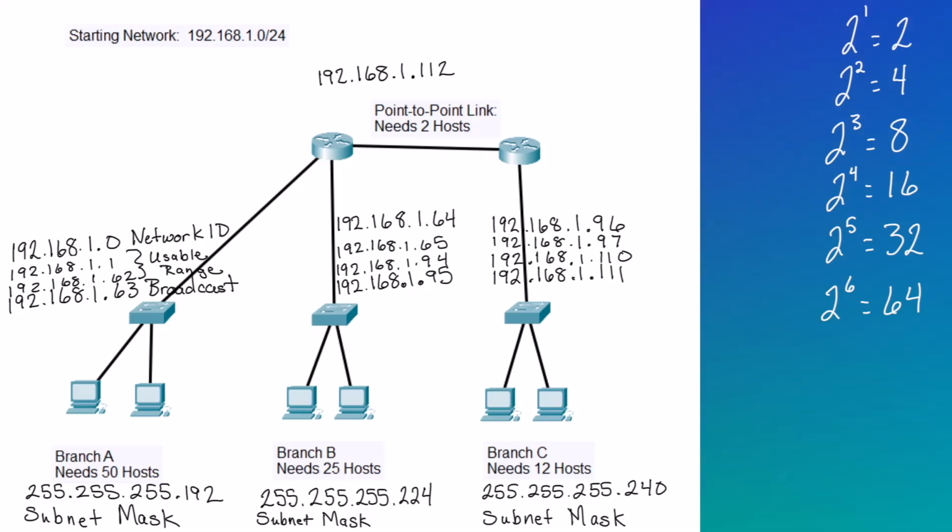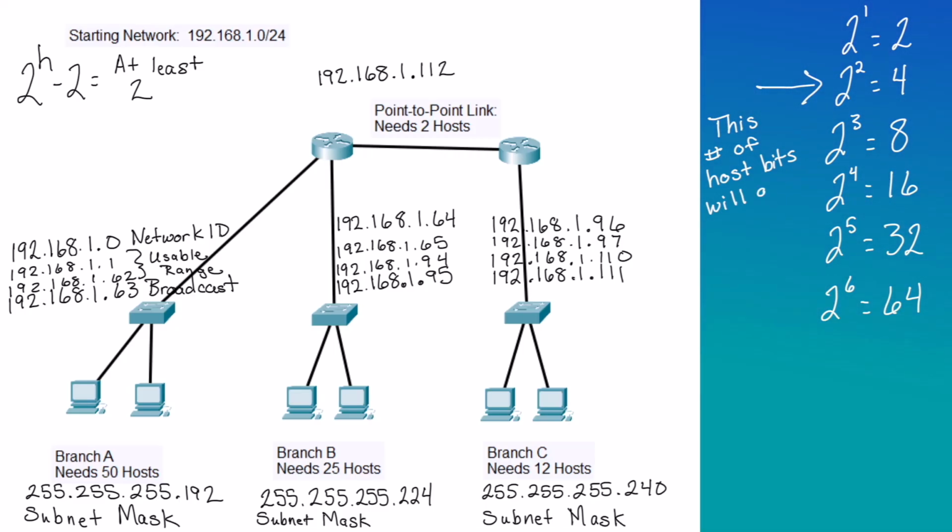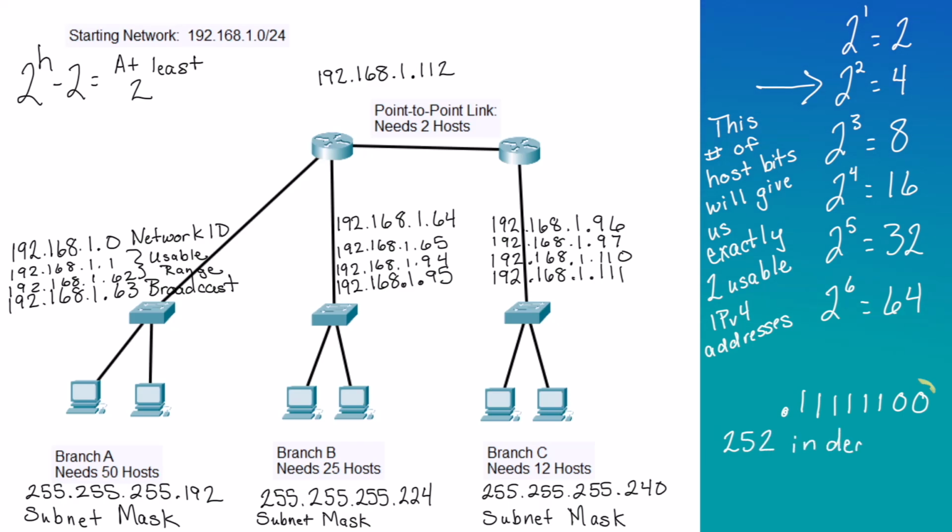Branch D needs a usable host range of 2 IP addresses. We can actually count this out on our hands, but let's go ahead and figure it out the way that we know how, and maybe it'll become more clear for you at this point even. So from our formula, we will need 2 to the power of 2 minus 2 to get 2 for our answer, right? Our 2 here in this formula where we replace the H, that indicates that we need 2 host bits.